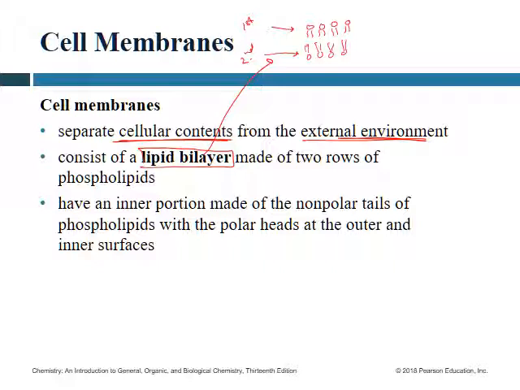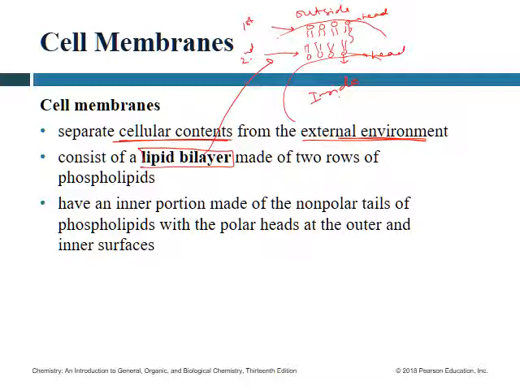And then if we assume this is the inside of the cell and this is the outside of the cell, you can see this lipid bilayer has a special characteristic where the head, which is polar, is pointing outside, as well as the head for the lowest layer is pointing inside of the cell, right? And you have these two fatty acid chains embedded within the cell membrane.